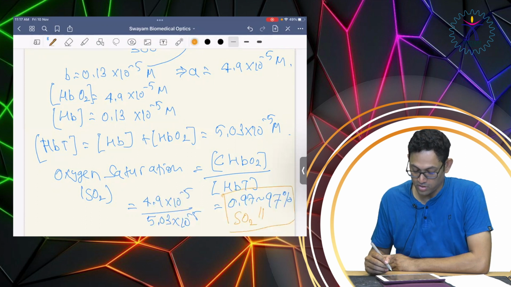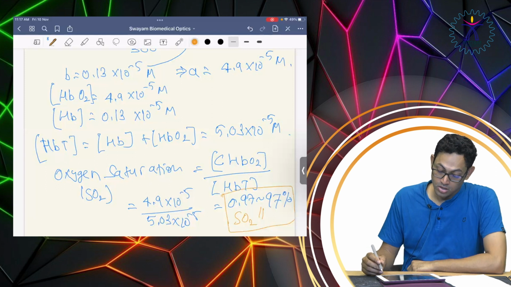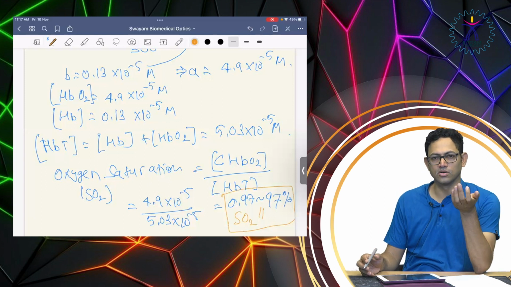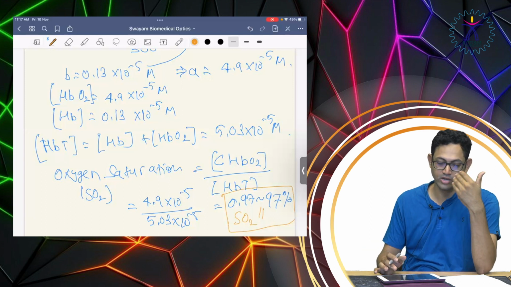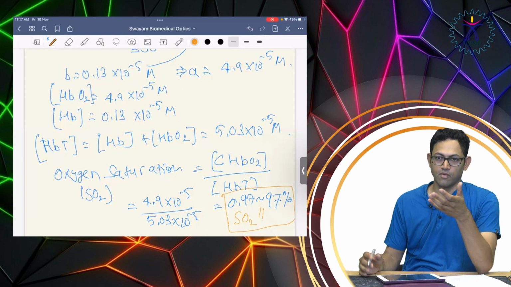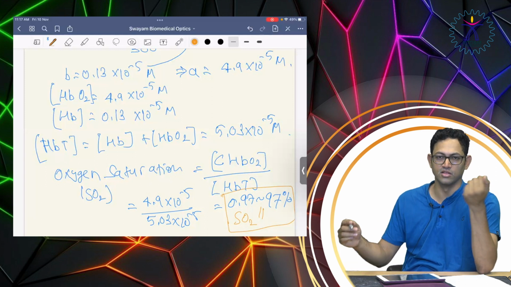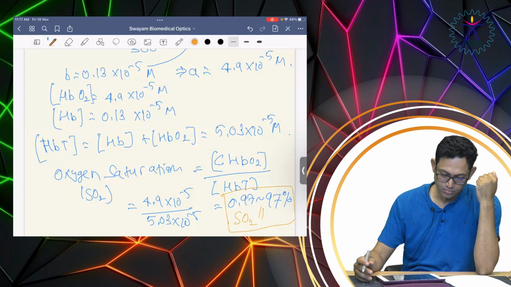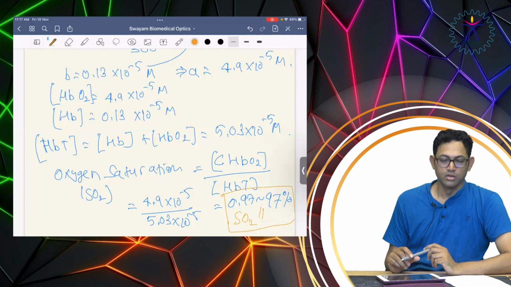So this is for a healthy patient. This is what you see in your pulse oximeter, SO2, the oxygen saturation. This is what actually happens inside the pulse oximeter to give a value of 97%, for example, for a healthy patient. Thank you.